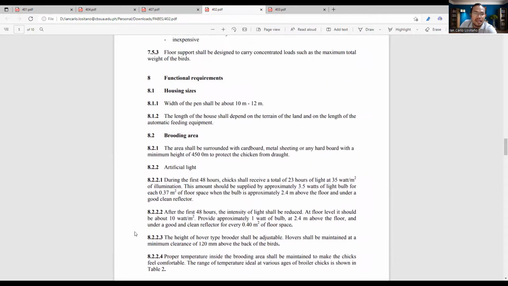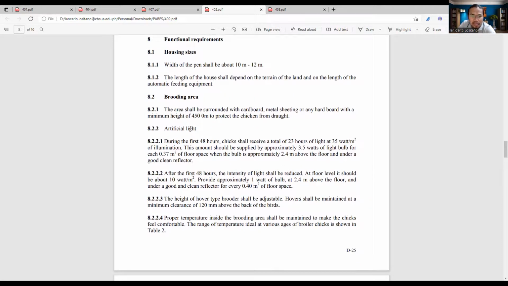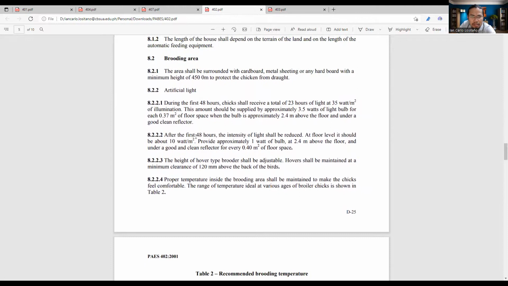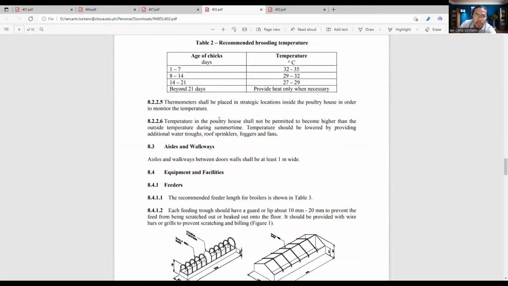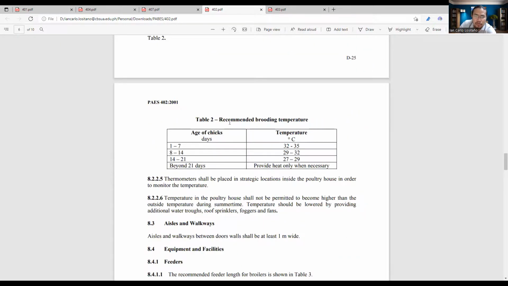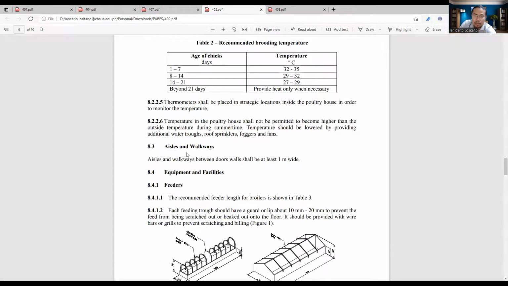Okay, right. Artificial light. This is covered by electrification, probably, or if ever, it should also be identified in the design if skylight is to be used. And then you have your recommended brooding temperature. These are more functional requirements, but here you still have the aisles and walkways, and shall be at least 1 meter wide.